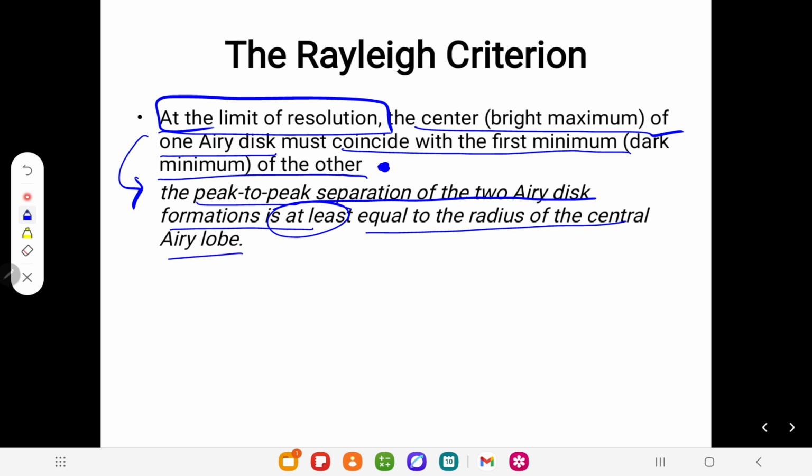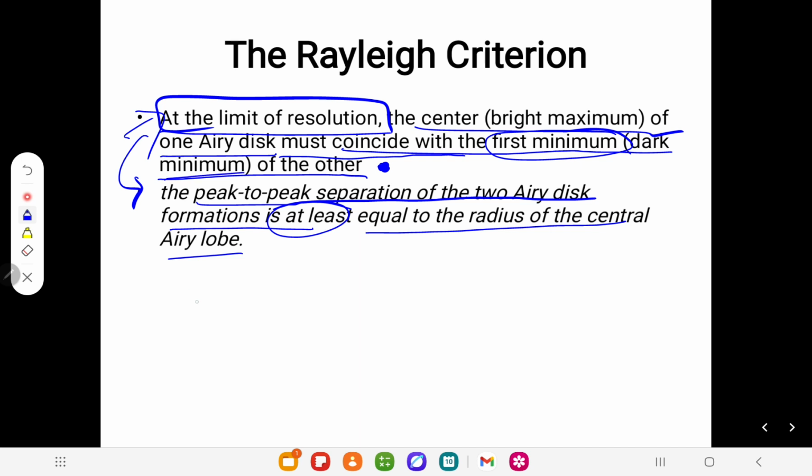Okay, so this is another way of thinking, which is very simple, easy. Let me go to the first. At the limit of resolution, the central bright maximum of one iris must coincide with the first minimum. What is first minimum? First minimum dark of the other.